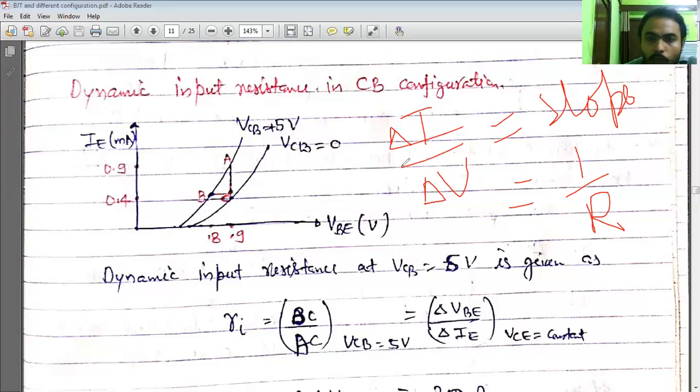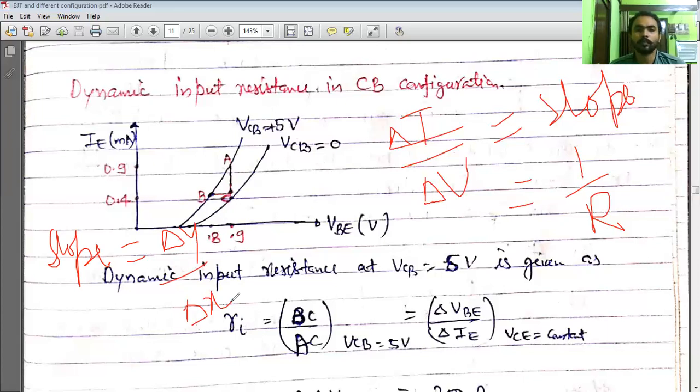What will the slope be? If it is an xy curve, then slope is del y upon del x.